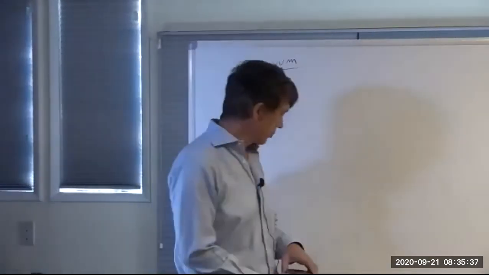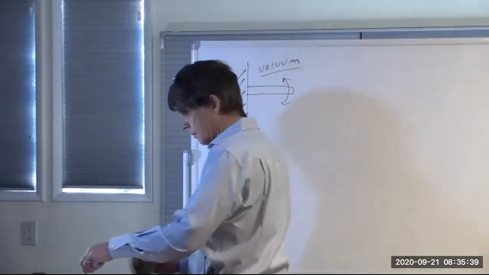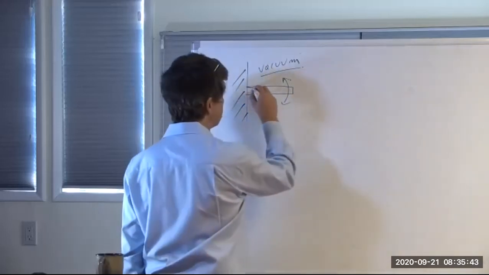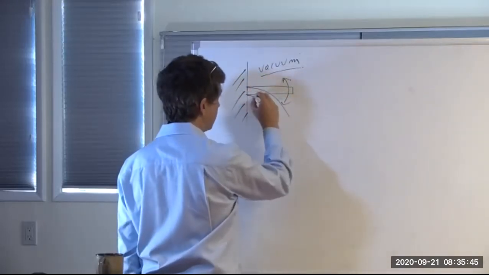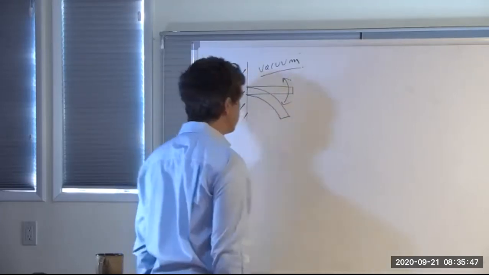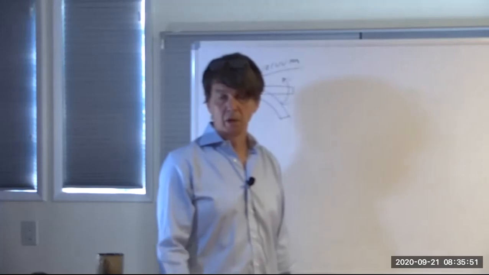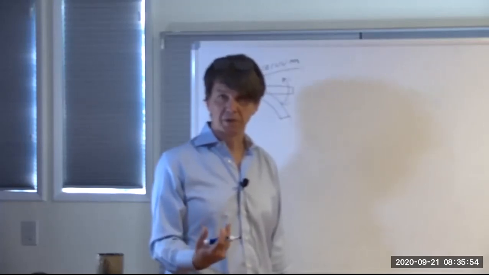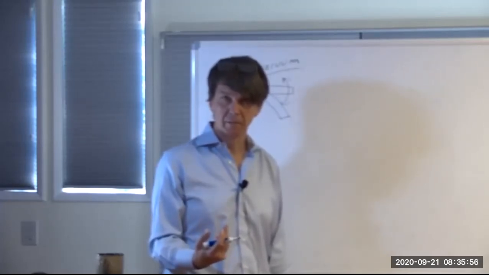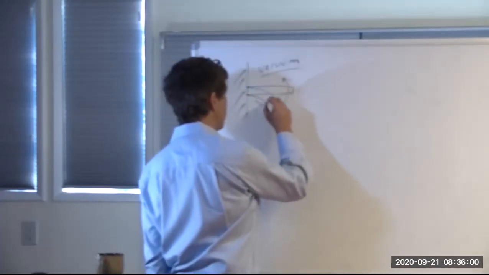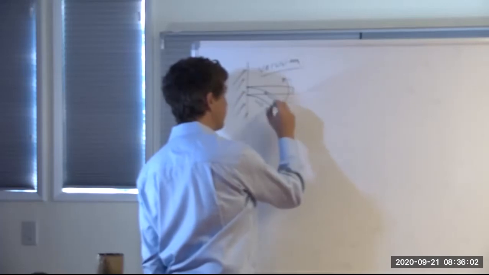Because what happens when the cantilever is bent? As it's cycling, at some point, I'm exaggerating, it's bent here, right? When it's bent, I have stresses in the cantilever, which are compressive here and tensile on the outside of the cantilever.